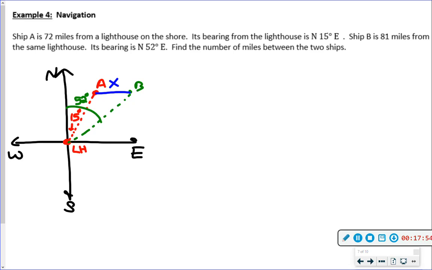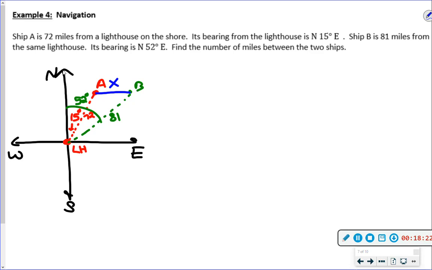And it tells you ship B is 81 miles out. So you do have the two sides. The key is we need this angle right here. Well, we can handle it because we love geometry. If this little outside angle is 15 and the whole thing's 52, what's this little inside one? How are you going to find it?